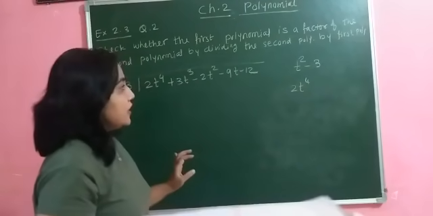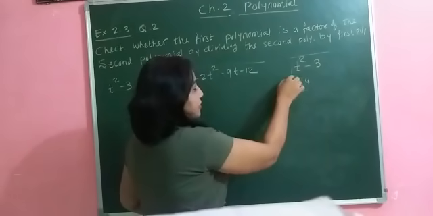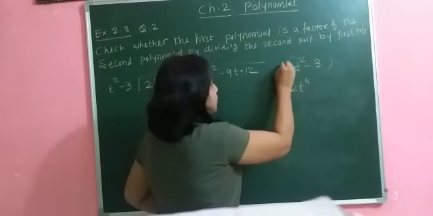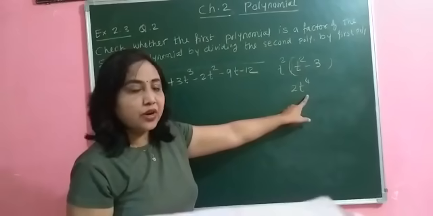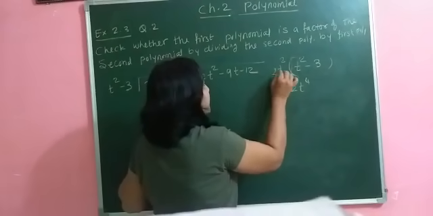So to get 2t raised to 4, by what do I have to multiply t square? First of all t square, because t square into t square is t raised to 4. And again I want 2, so I am writing here 2.